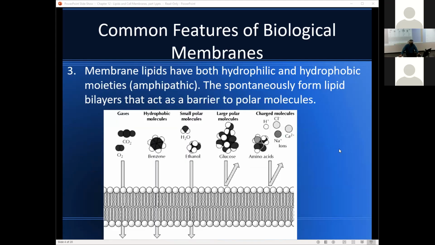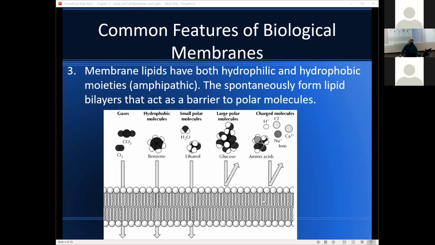Now if we consider the phospholipid bilayer itself in the absence of any proteins, it is selectively permeable as well. By selectively permeable, I mean that it will let some things pass through freely, but not others. Membranes have both hydrophilic and hydrophobic moieties, which makes them amphipathic.